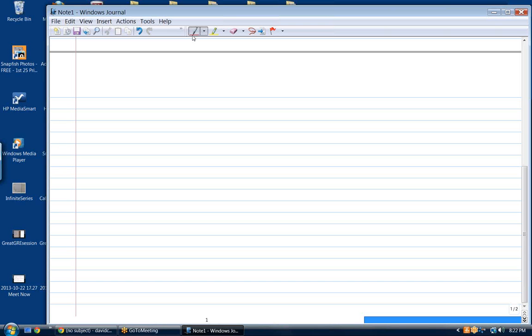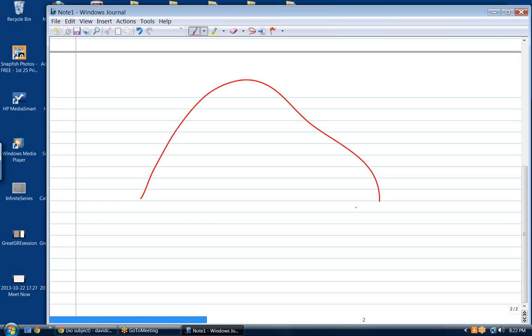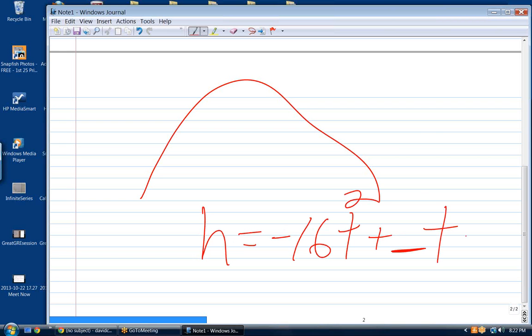Okay. All those motion problems where balls are being thrown up, whenever you throw a ball up, it always follows a parabolic path, like that. And the equation is always minus 16t squared plus some number times t plus some number.